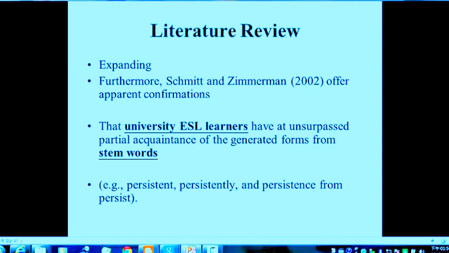About expanding the vocabularies, the university ESL learners have at best partial acquaintance of a generated form from stem words. For example, persistent, persistently, and persistence from persist.